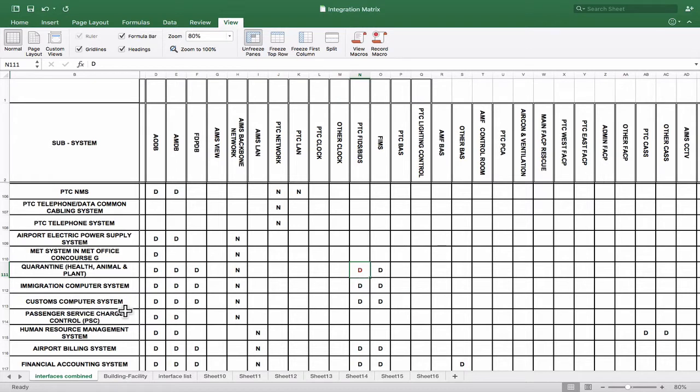Okay? So the guy writing the immigration computer spec may not be a FIDS guy. So unless the FIDS designer and the immigration designer get together and make sure that their specifications are lined up, you're going to have a gap. And by color coding these, you're going to find out where all your gaps are. So that's a very simplified integration matrix.